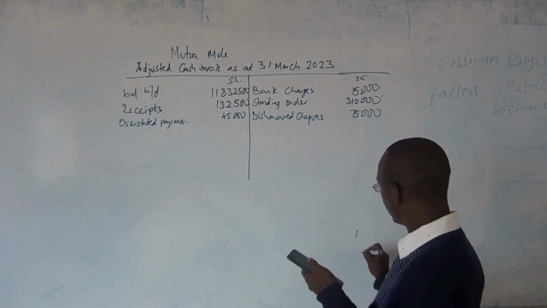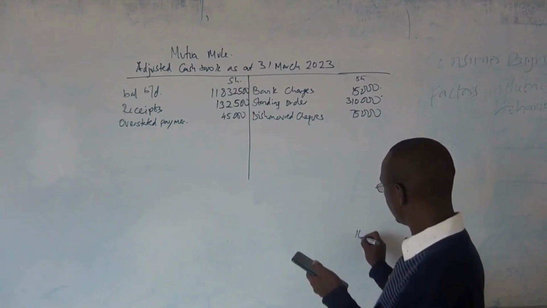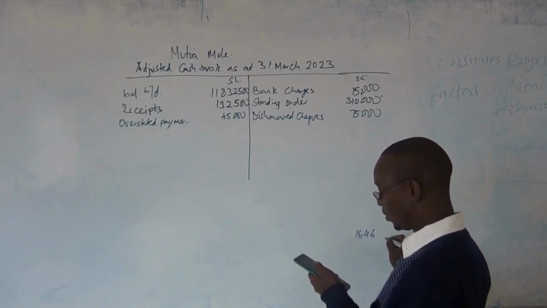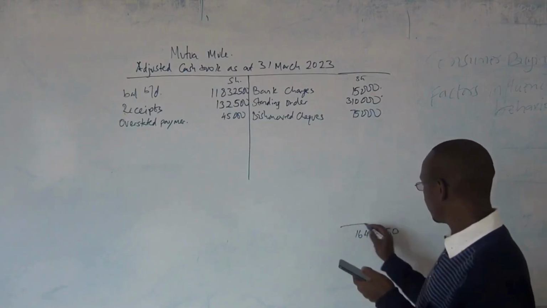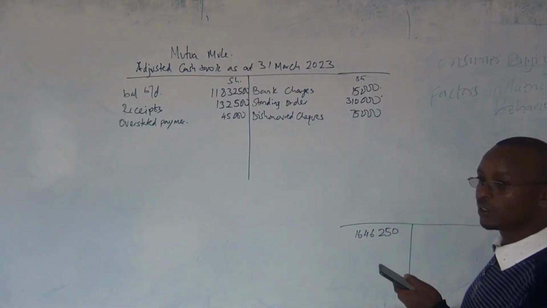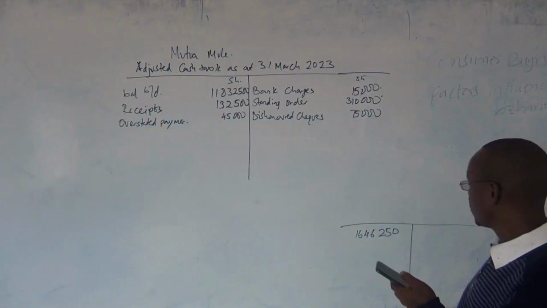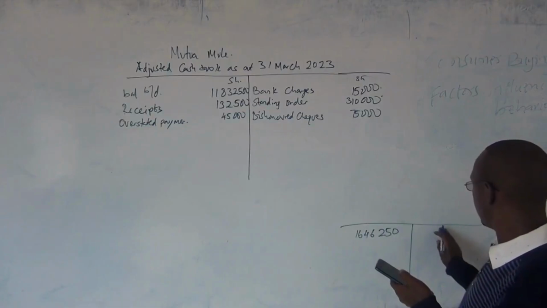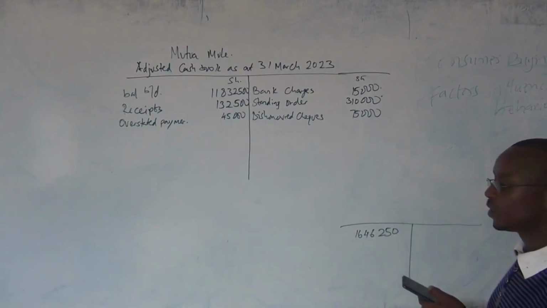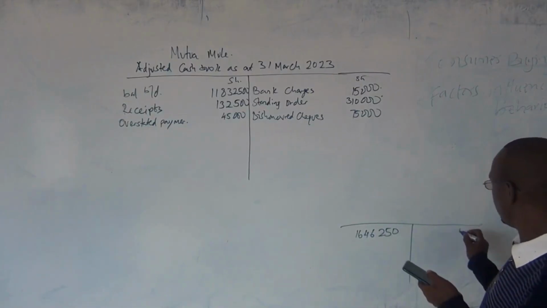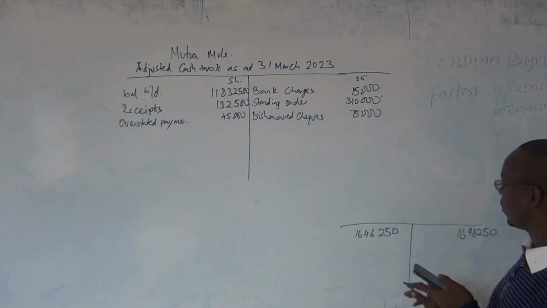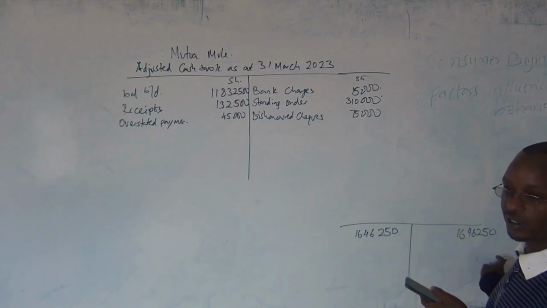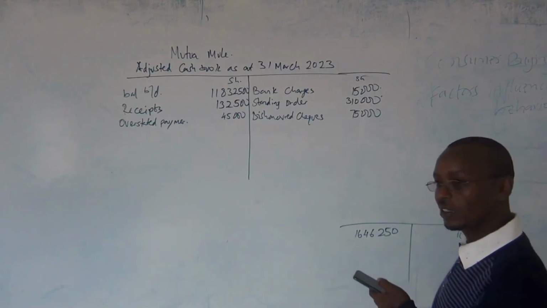Then 1,646,250. This amount was debited instead of being credited. So now if you want to credit it here, you put here 1,646,250. But then we just cancel the error, there will be no entry here, isn't it?